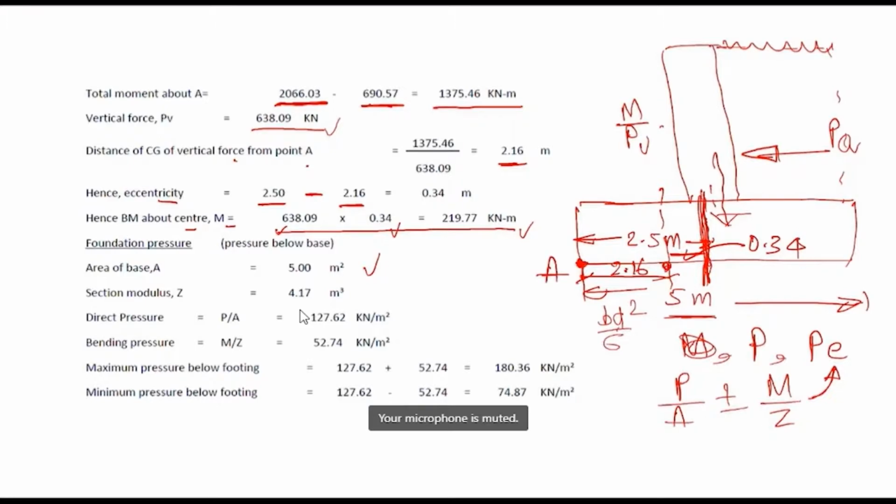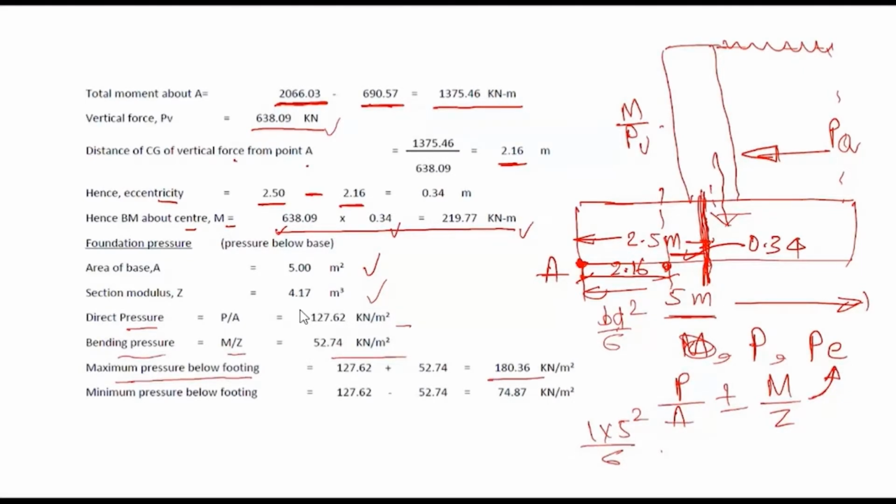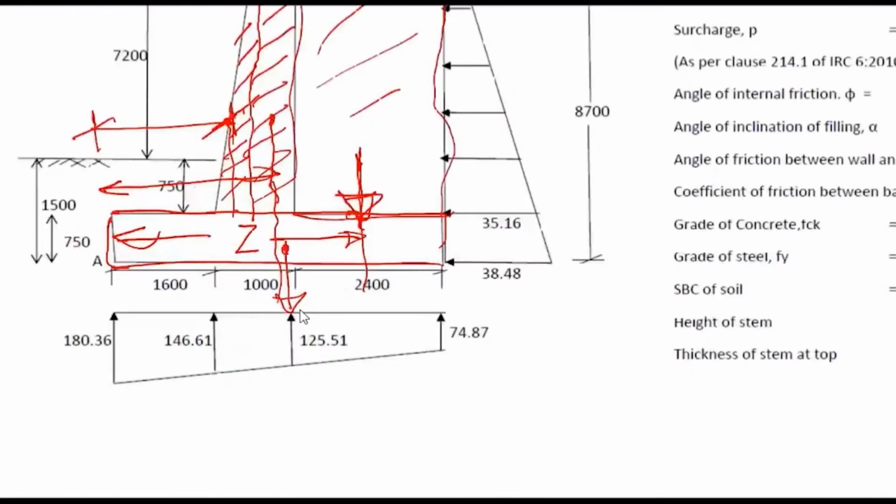So B is 1 meter, so 1 into 5 square over 6. Direct pressure P over A, bending pressure M over Z. So the maximum pressure below footing will be this. The minimum pressure below footing will be this, 180.36 and 74.87.